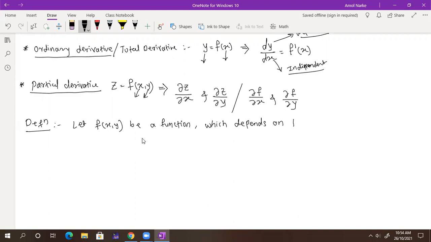So you understand x and y are independent and f depends on x and y. If I call f equal to z, you can say that z is a function of x and y, and z depends on x and y. Everyone understand that? Yes, sir. Where x and y are independent of each other.